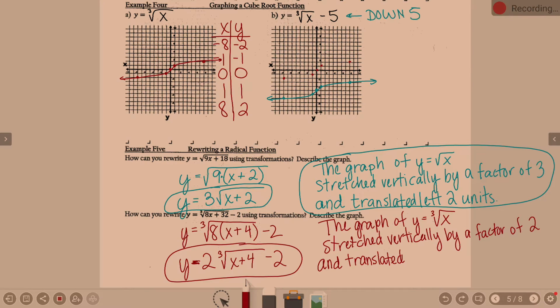Plus 4 tells me to go left 4. Minus 2 tells me to go down 2. So translated left 4 and down 2 units.